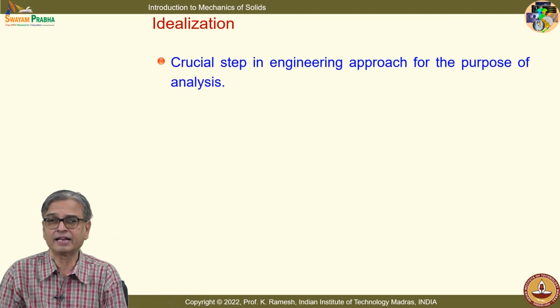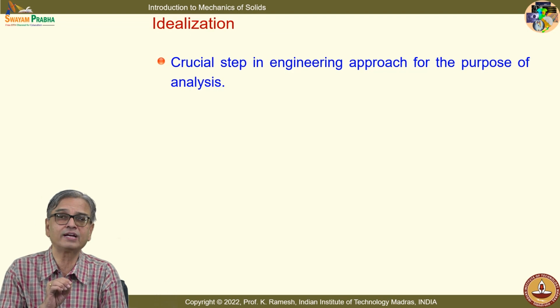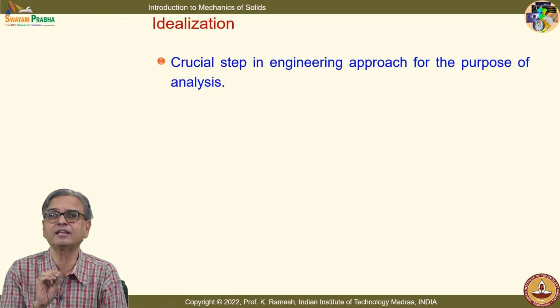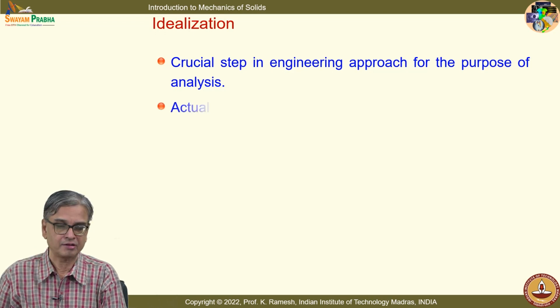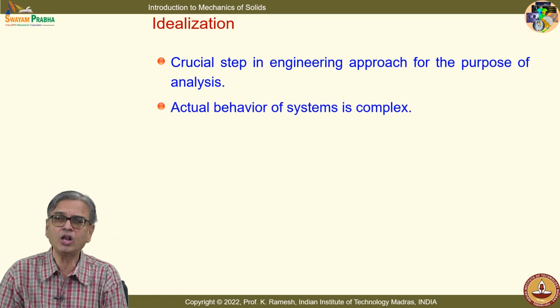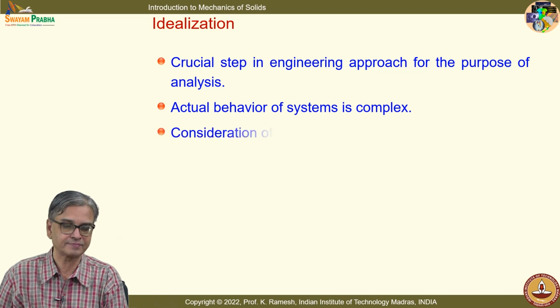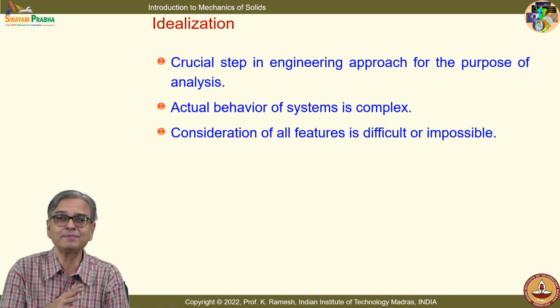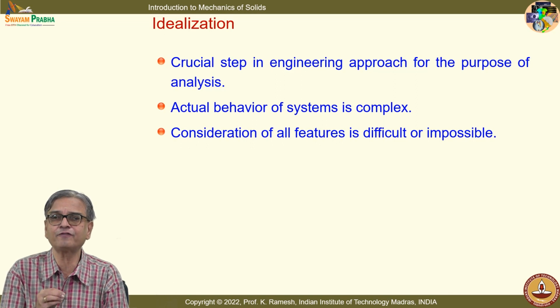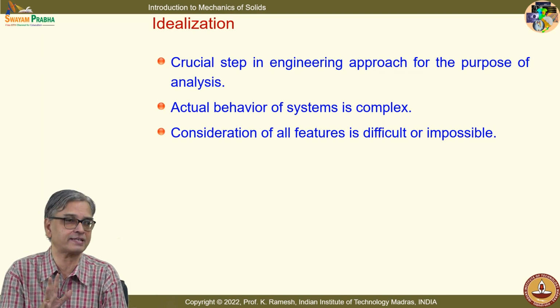And there can be no engineering without idealizations. Why do we do the idealization? We would like to make the problem simple enough for us to analyze, because all natural systems are non-linear and complex. And when you want to mathematically analyze, it's difficult for you to accommodate all aspects.